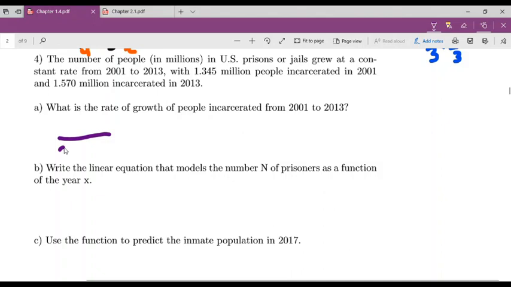So if I do 2013 first, minus 2001, that means the corresponding one with 2013 was 1.570. I need to be sure to subtract that from the one that was corresponding to 2001, which was 1.345.